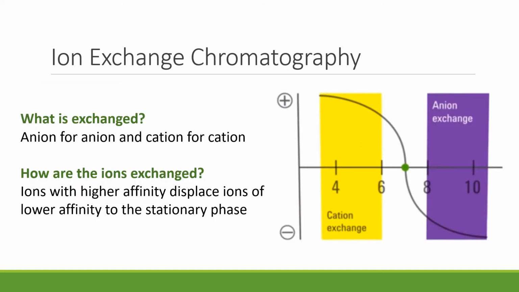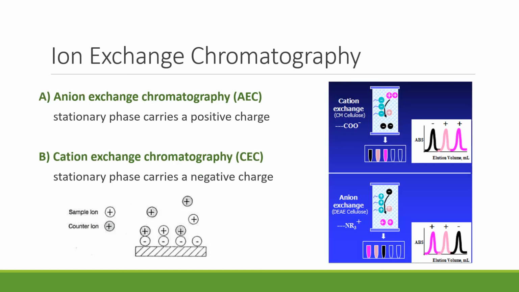Ion exchange chromatography works by taking advantage of molecules' different isoelectric points. And if you remember, this is the point at which a molecule will not migrate in an electric field. And if the stationary phase carries a positive charge, it's called an anion exchange chromatography.